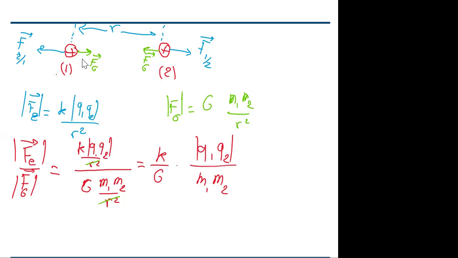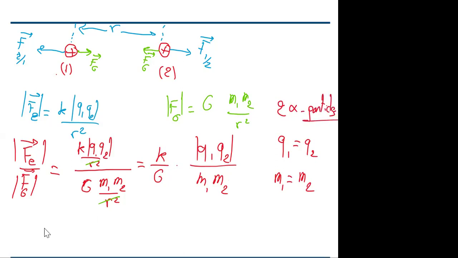However, the two particles are alpha particles. So Q1 is equal to Q2, same particle, and M1 equals M2, because we talk about the same particle, two alpha particles.